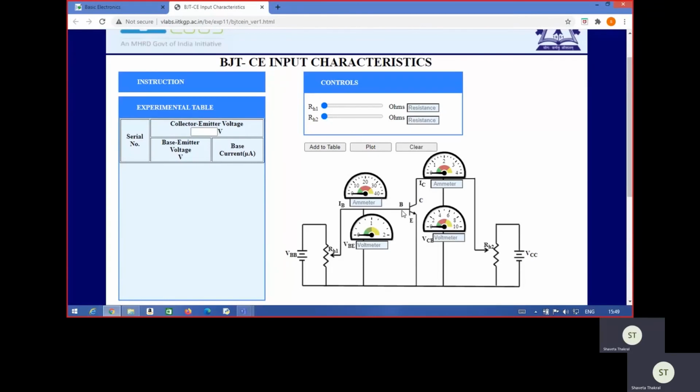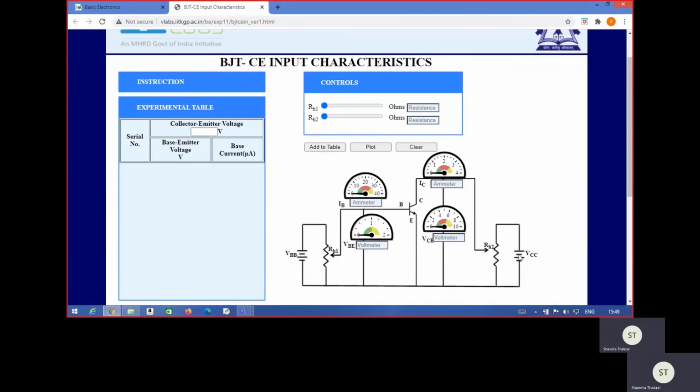So to keep base-emitter forward biased, the P type material of the base should be connected to the positive terminal of the battery, and as the emitter is N type material, that will be connected to the negative terminal of the battery. And as the collector is reverse biased and the collector is also N type material, that should be connected to the positive of the supply.